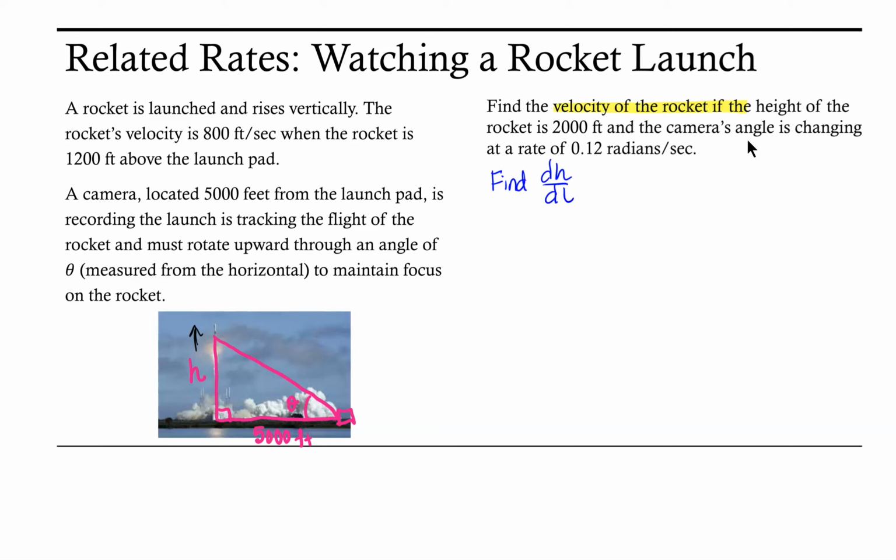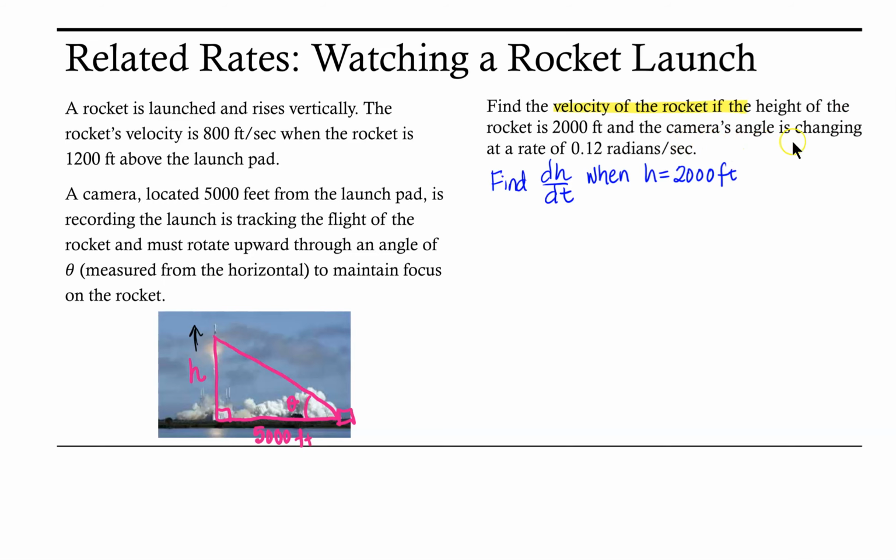So it's measuring the position of the rocket. So we want to find dh/dt under certain conditions. And the conditions we're interested in is when the rocket is 2,000 feet high.